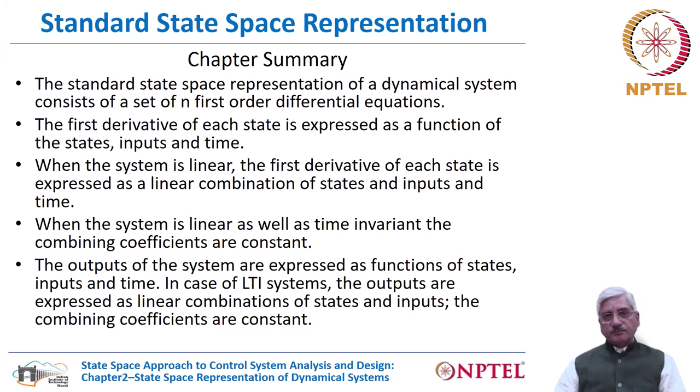If besides being linear, the system is also time invariant, then the combining coefficients are constant. The outputs of the system are expressed as functions of states, inputs and time. In case of linear time invariant systems, the outputs are expressed as a linear combination of states and inputs only. The combining coefficients are constant.